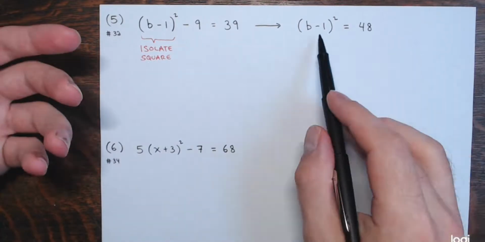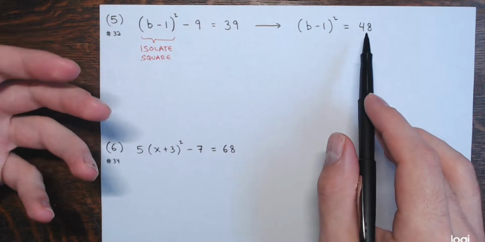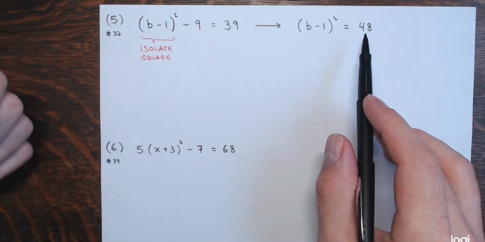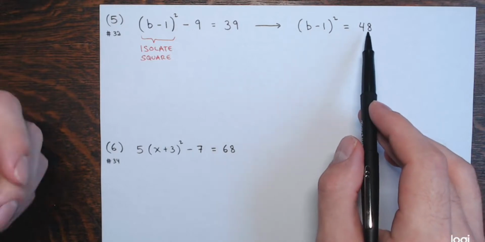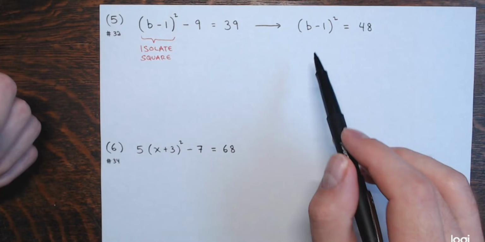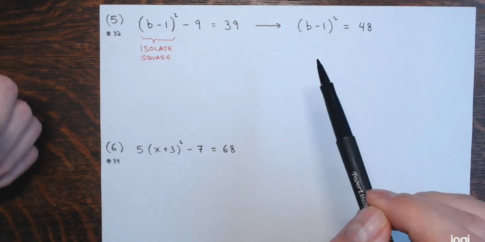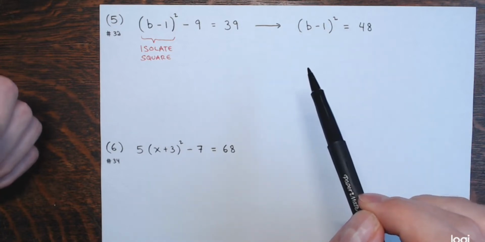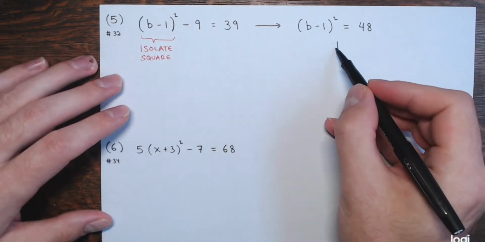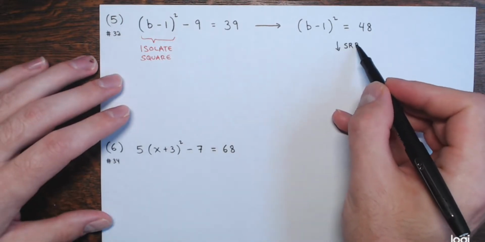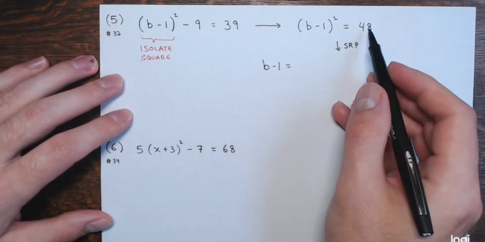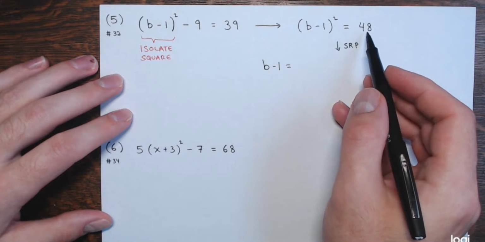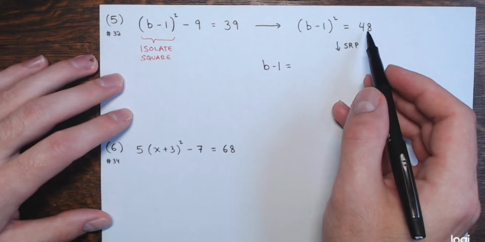And now I have it in the form that I want, to where I can use the square root property. The square on one side by itself, a number with no variables on the other side. Variable in a square, no variables outside that square. So by the square root property, b minus 1 is either positive square root of 48, which again I'll simplify. The square root of 48 is the square root of 16 times the square root of 3.